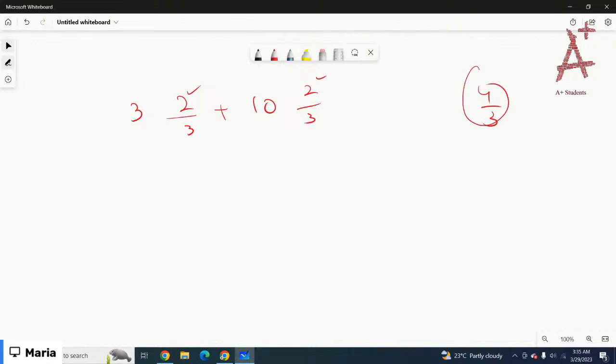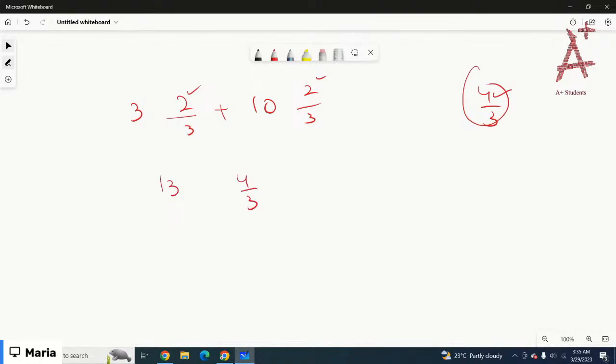4 over 3 is not possible. How do you write 4 out of 3? Got it? Numerator must be smaller than denominator. Got it? So 10 plus 3 is 13.